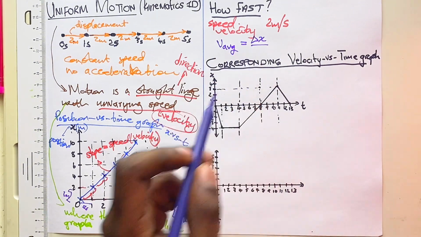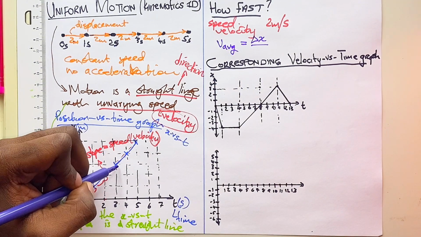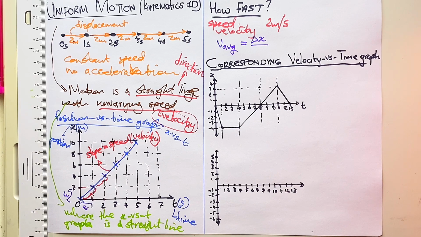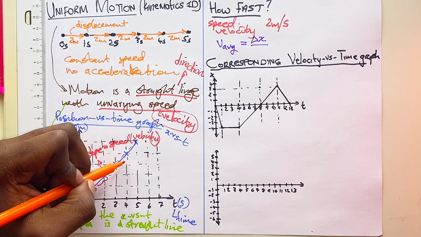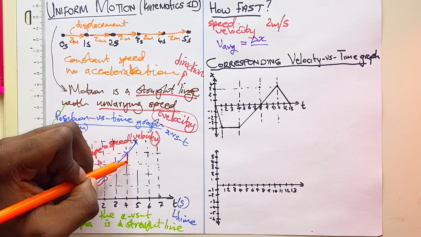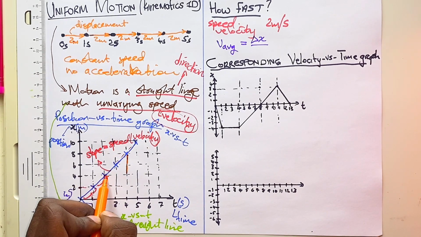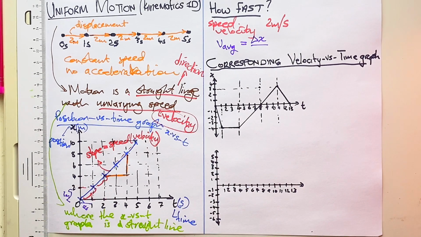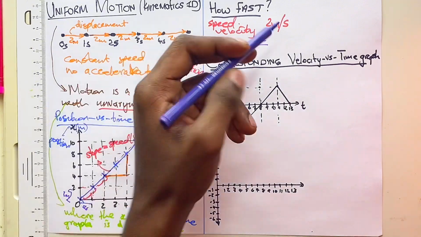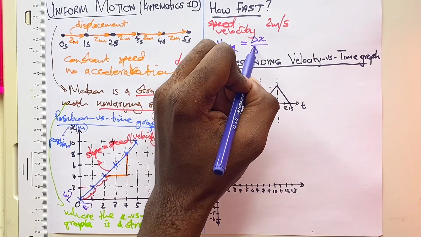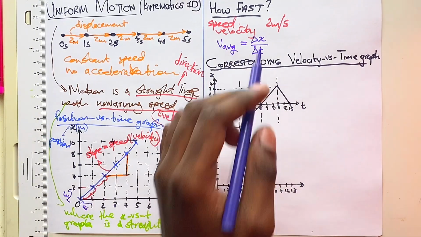So we would take the change in x, which is this change. Let me take a nice color and say which is this change, and then divide that by the change in time, so the time interval.